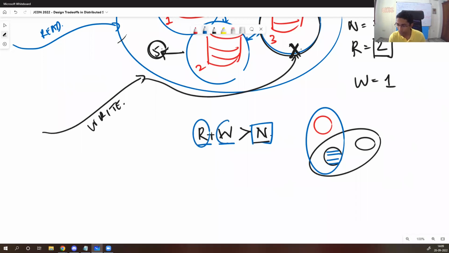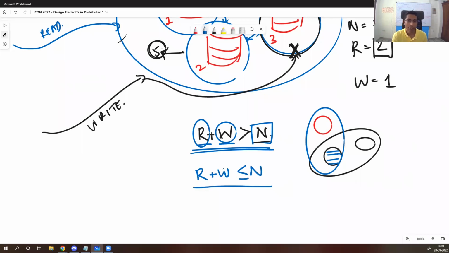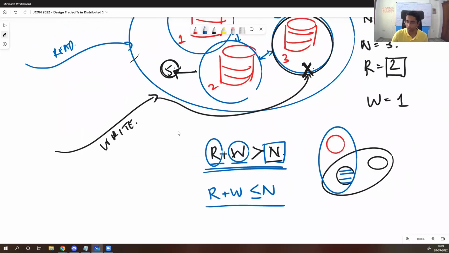By tweaking the number of readers and writers, you can make your system read heavy or write heavy. The other thing you can do is, if you want strong consistency, go for this guarantee. If you want weak consistency, readers and writers can be less than n. You don't really care if you return 5 or 6 over here.